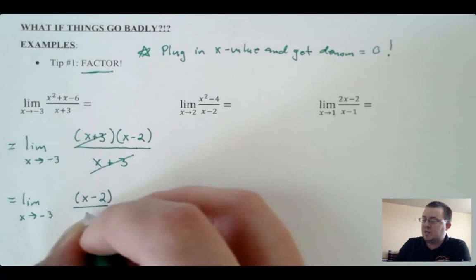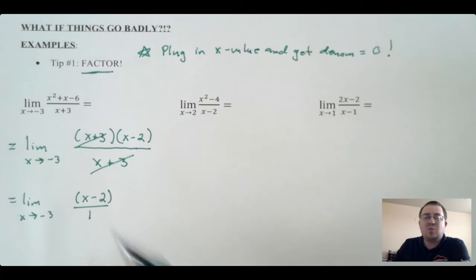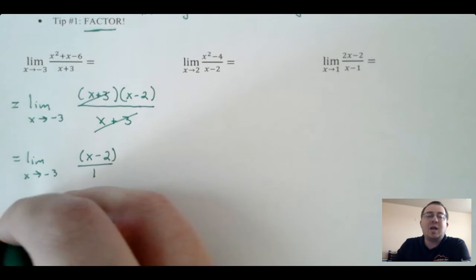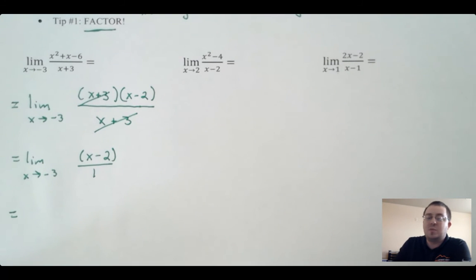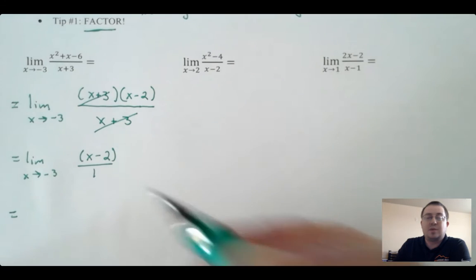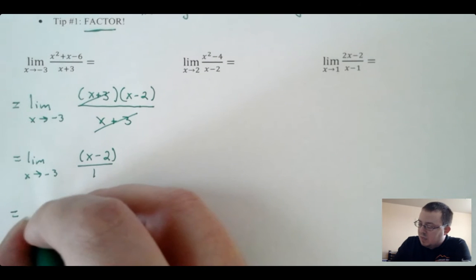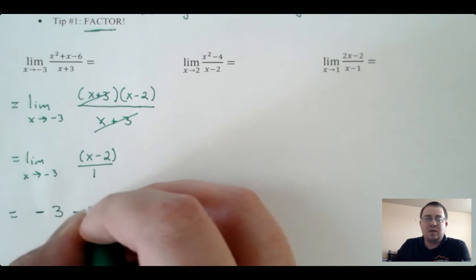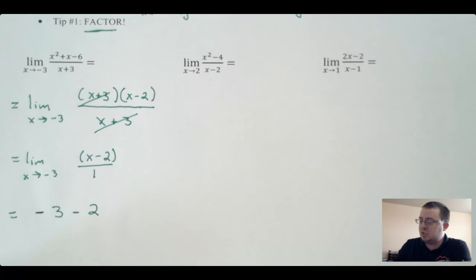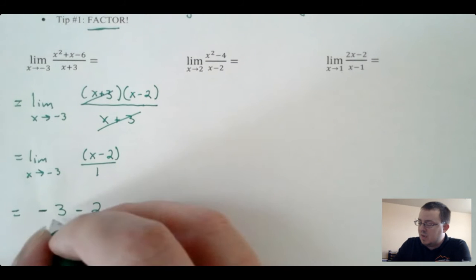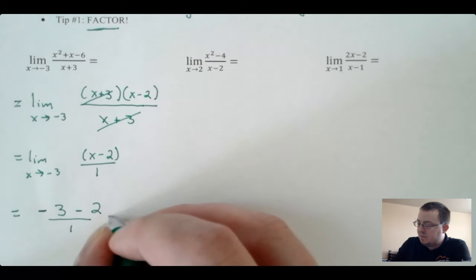Whenever I cancel things out here, I get a 1, but the 1 won't really matter. Once I'm ready to plug in the x value, because I won't get 0 in my denominator anymore, I've got a 1 down there. I can get rid of the limit notation and just plug in negative 3 for x. So negative 3 minus 2. If you want to keep it over the 1, you can, but that's just negative 5.